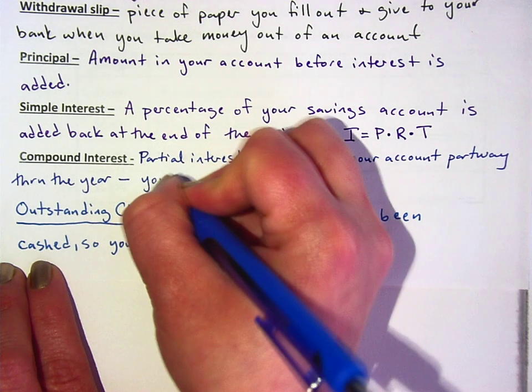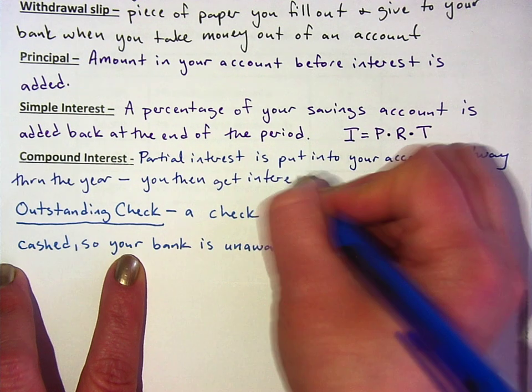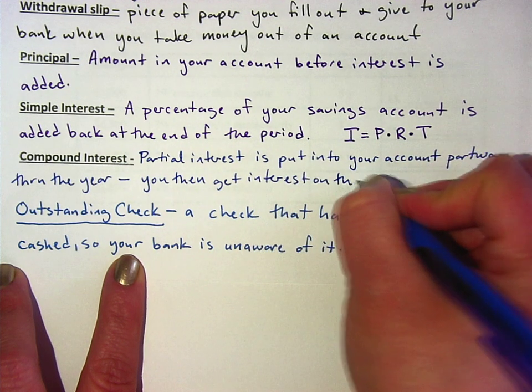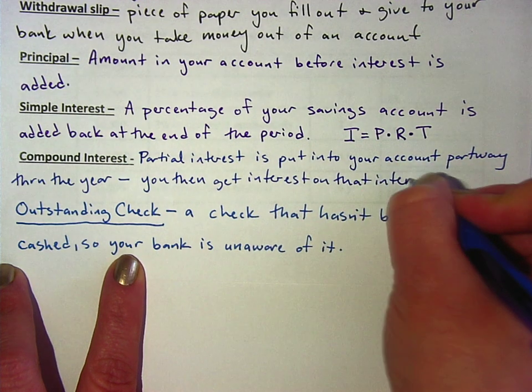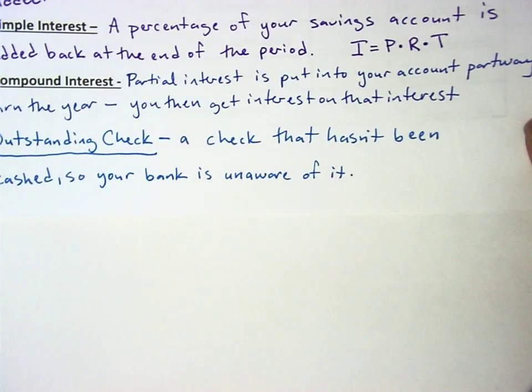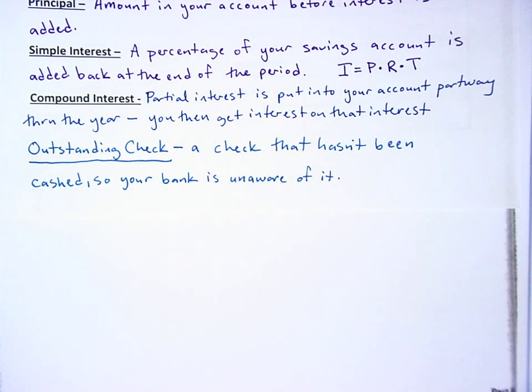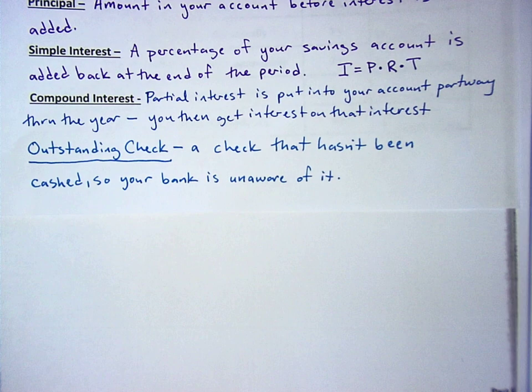You then get interest on that interest. So it's kind of like the interest that you've earned so far is being rolled into your bank account, which means that now you're getting interest on that interest that you got. So again, what I wrote is partial interest is put into your account partway through the year. You then get interest on that interest.